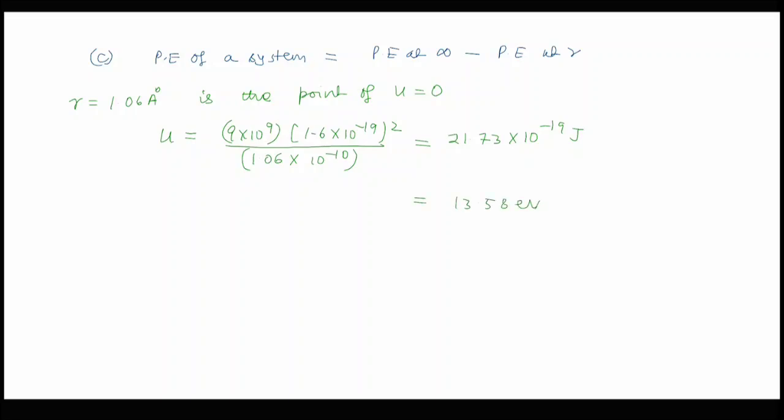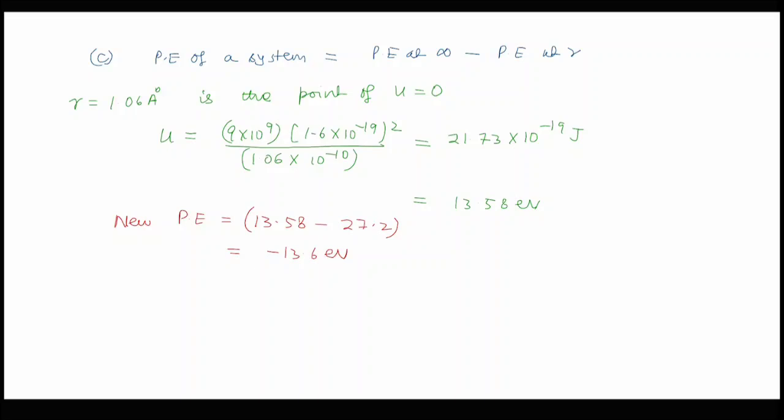So the new value of potential energy is equal to 13.58 minus 27.2. So the value is equal to minus 13.6 electron volt in this new configuration.